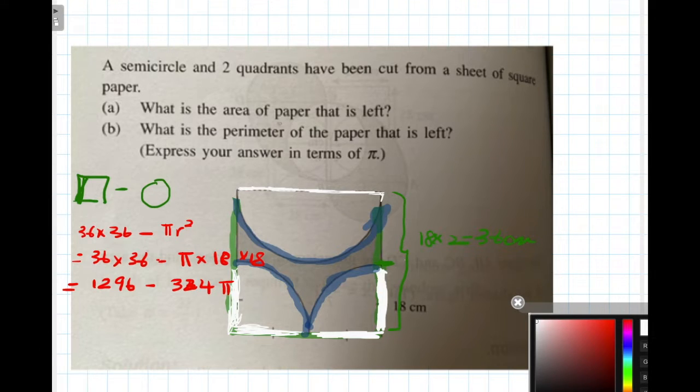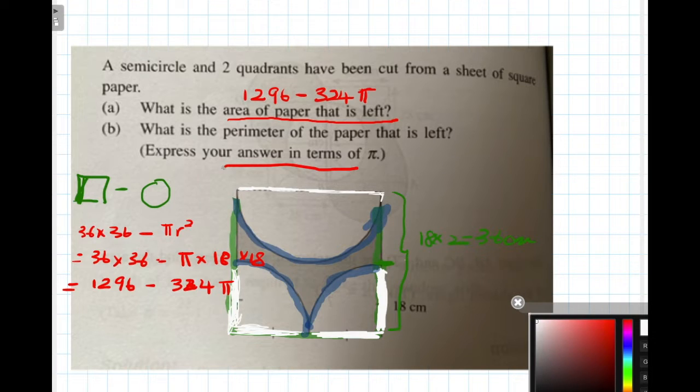Because it asks you to express the answer in terms of pi, the remaining area will be 1296 minus 324 pi. This is the first answer. Please write a sentence. You can write: the remaining area is this.